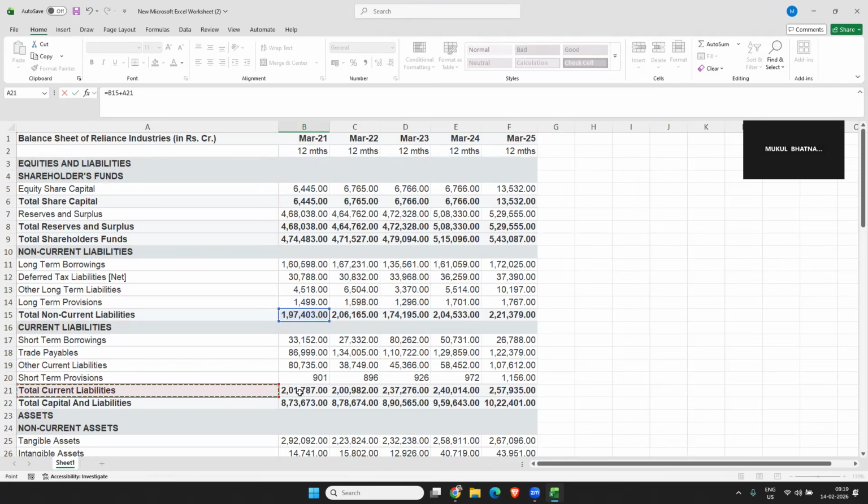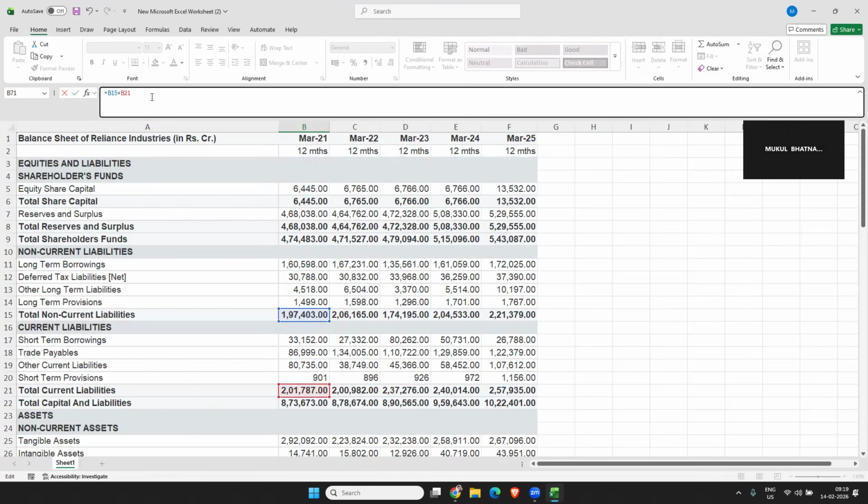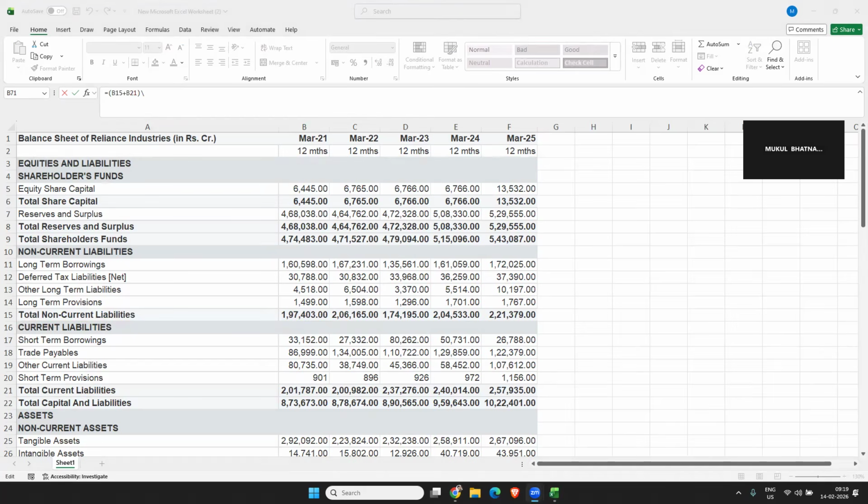So total non-current liabilities plus current liability, and this needs to be divided. Let me put a bracket here so that it follows the rules of BODMAS. This needs to be divided, and now we need to divide it by shareholder funds.